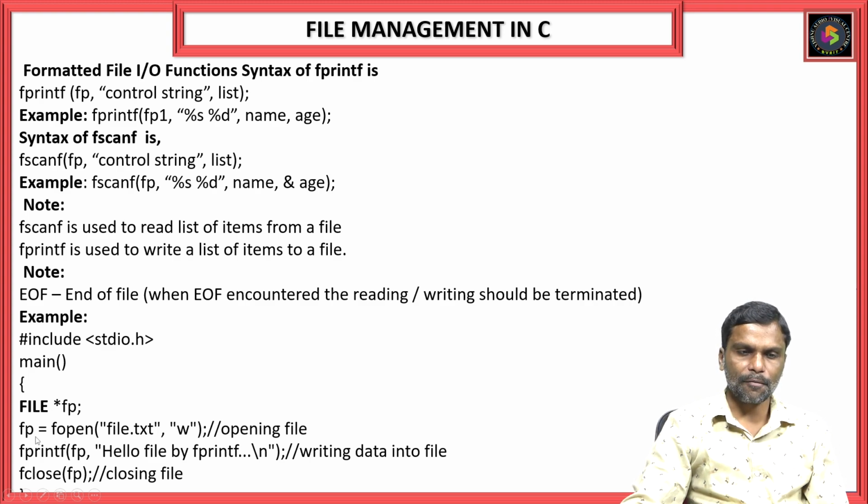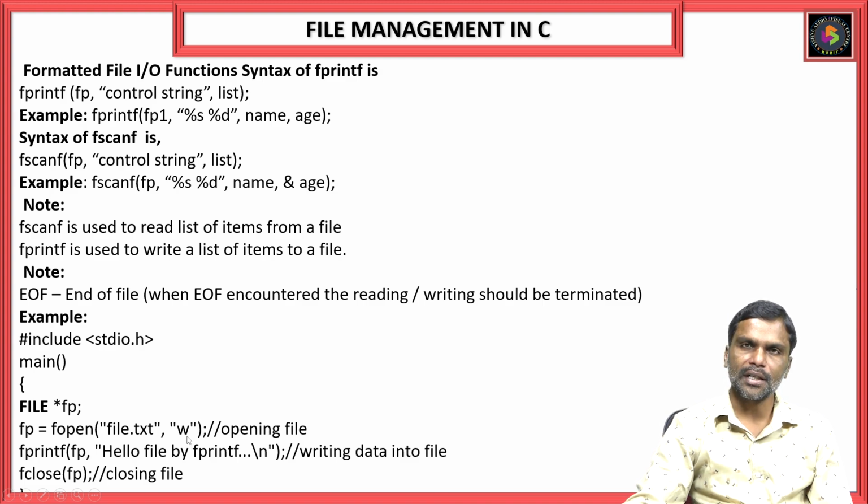So fp = fopen, this is the syntax for opening a file. Here w means we are opening the file for writing. In the parentheses, file.txt is the file name or file location, and this is the mode we have seen. Mode is nothing but w here.